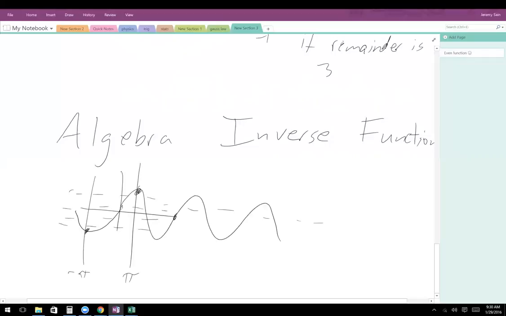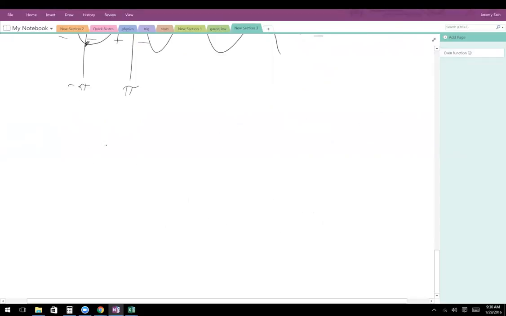So inverse sine always gives you something between minus pi and pi. Same thing, they do the same for tangent.